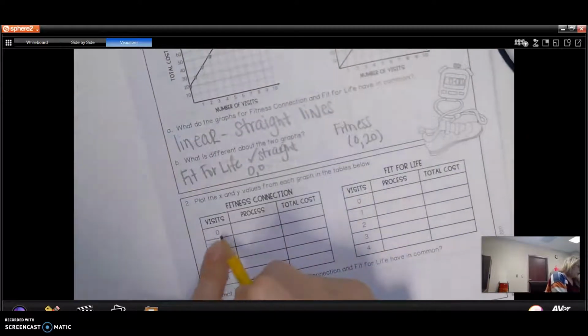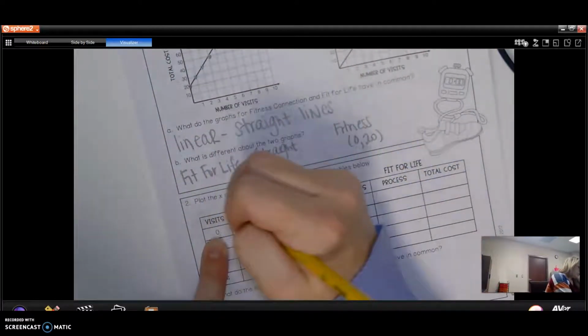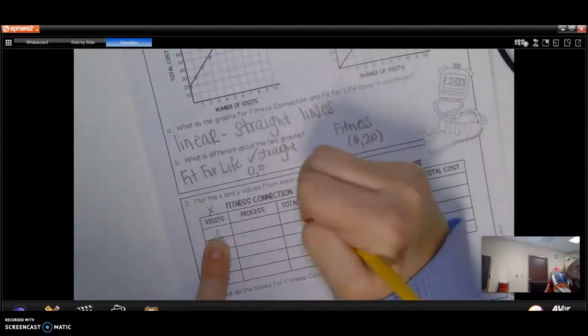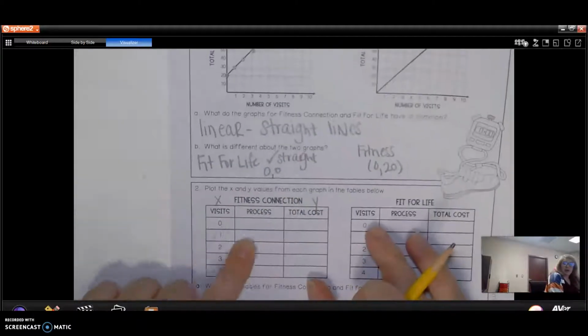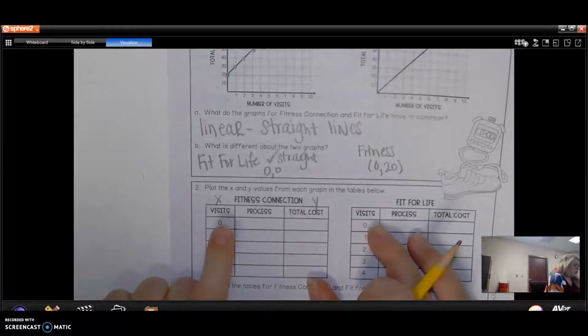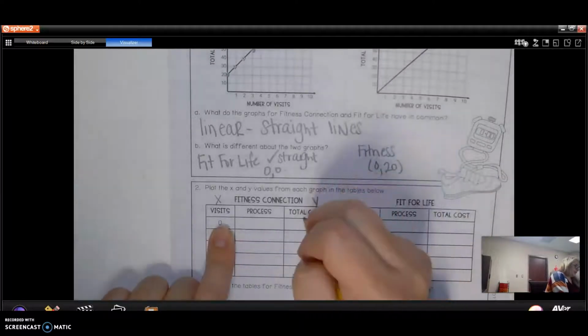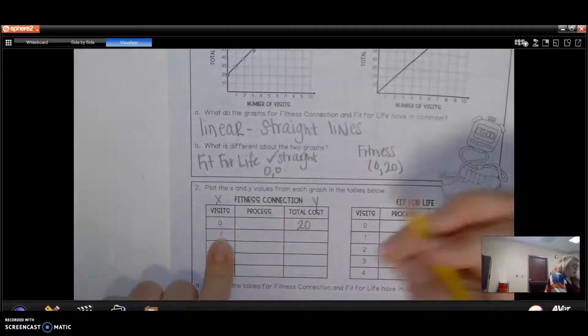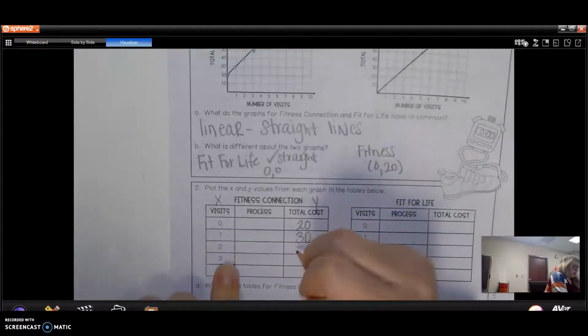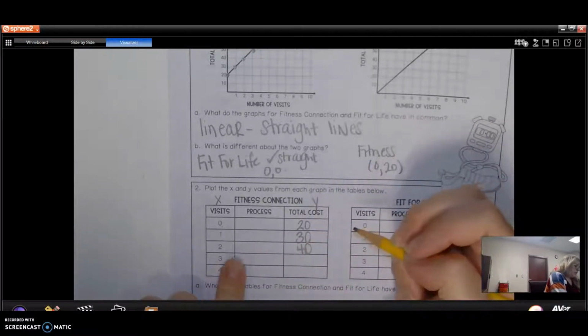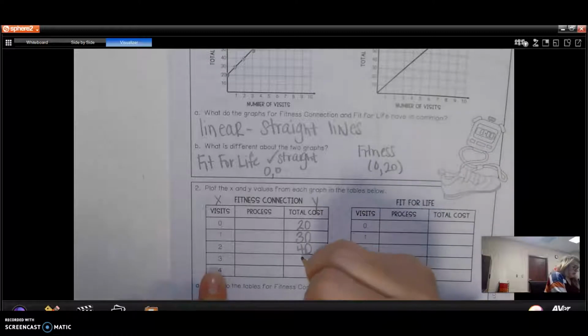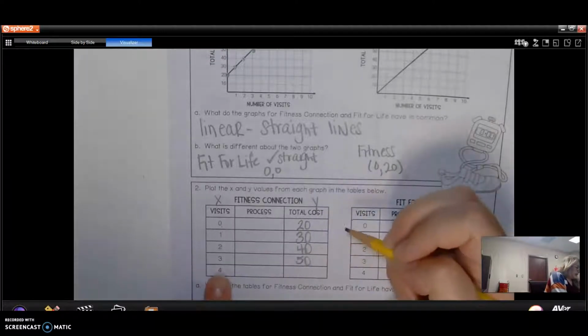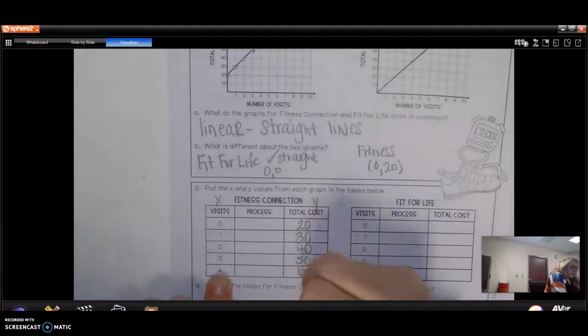Okay, so this is going to be my X, and this is going to be my Y. And if you'll notice, I have a process column in here. So for 0 visits, it's going to cost me $20. For 1 visit, 30. For 2 visits, 40. For 3 visits, 50. And for 4 visits, 60.